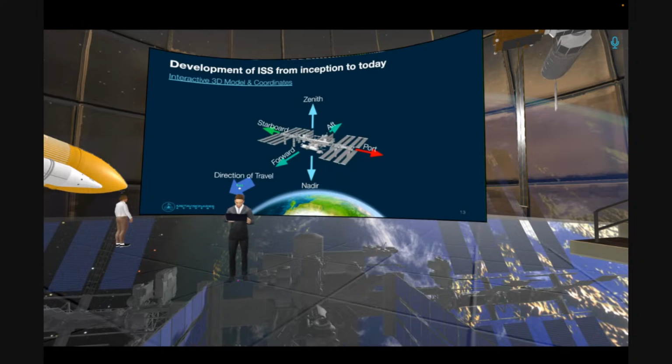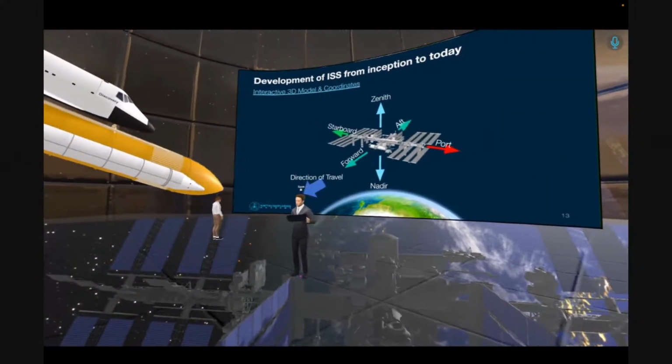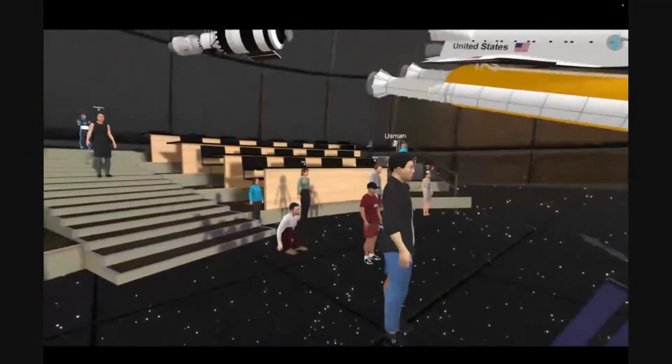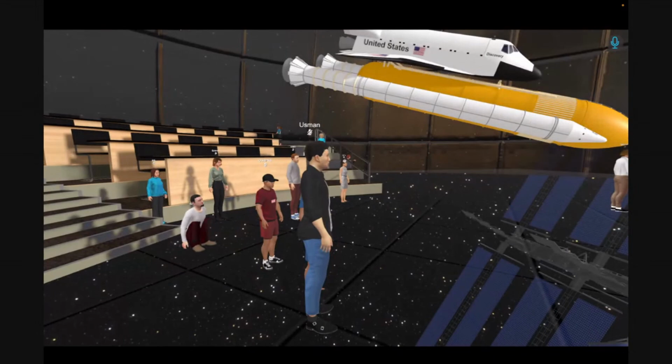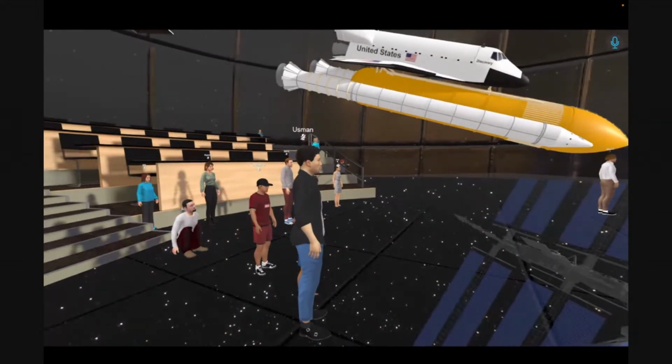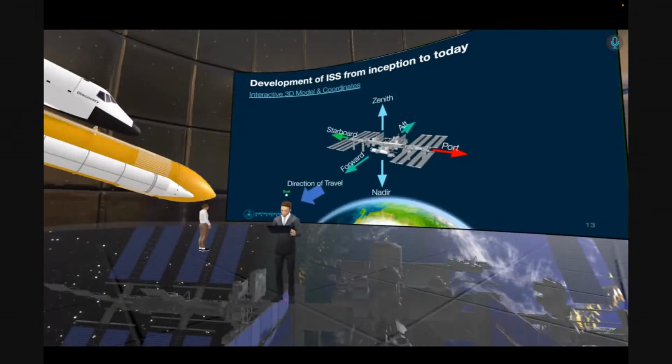And so if you're facing the direction of travel, what direction is behind you? What's that called? Yeah, exactly, the aft. And if you're facing the direction of travel, what is to your right? What is that called?